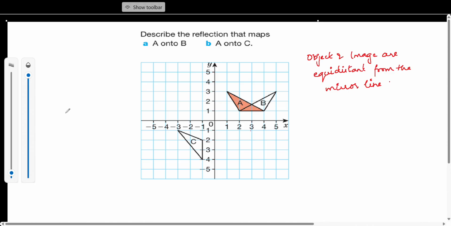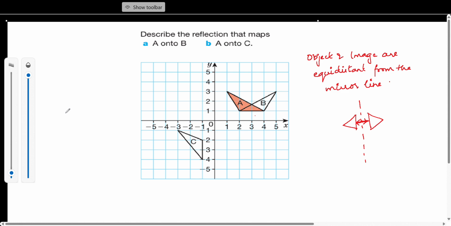So that being said, when we look at A, is the reflection that maps A onto B. Here the interesting thing is that they are overlapping. When you have two separate shapes, you can measure the distance between them, and the midpoint should be the mirror line, so that the object is at one distance and the image is at the same distance on the other side.